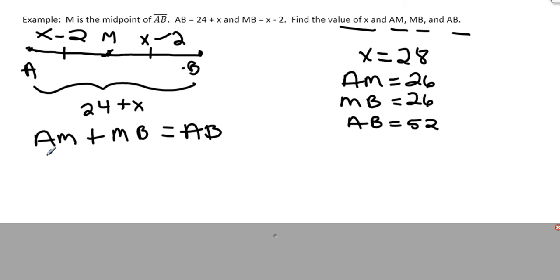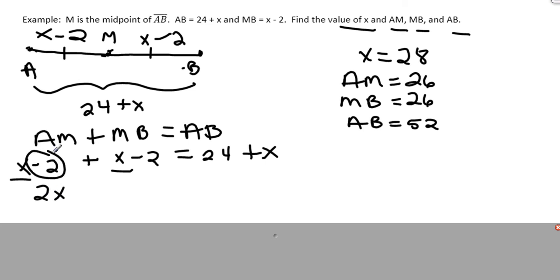So now we can take AM and plug in what it equals, x minus 2. We can substitute MB for x minus 2. And that all is going to equal the length of AB, which is 24 plus x. So combining like terms, x and an x is 2x.